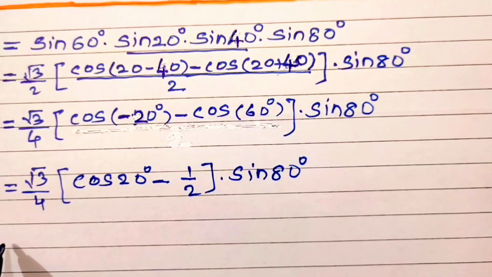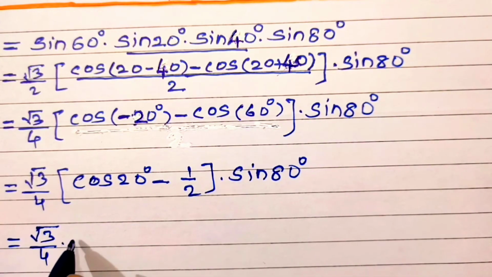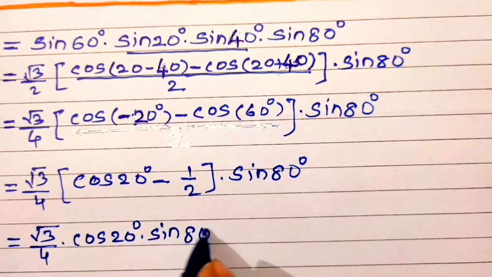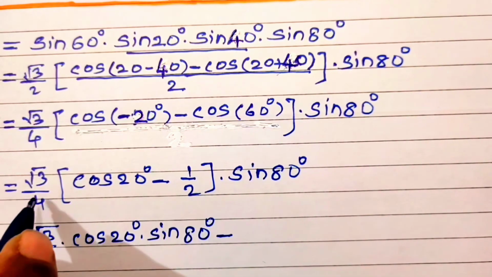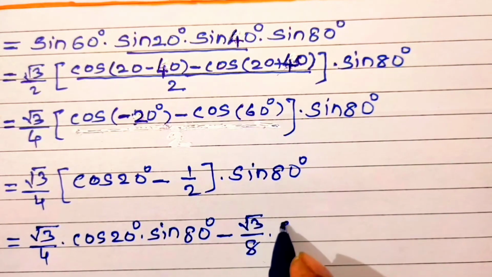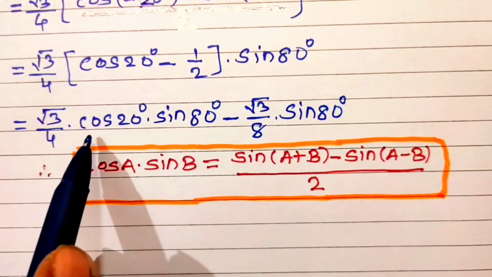Then we can write this is equal to root 3 upon 4 into cos of 20 degree into sine of 80 degree minus 1 upon 2 into root 3 upon 4, that is root 3 upon 8 into sine of 80 degree. Now we have to apply this formula here.